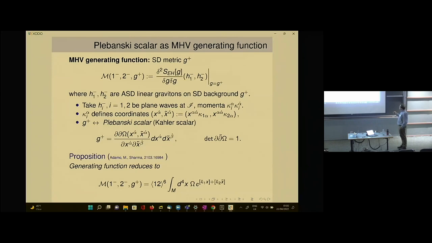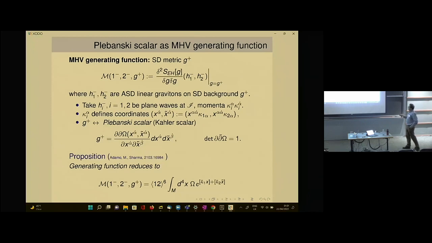And what this allows you to do is to introduce coordinates on the spacetime that are adapted to the two particles. We can organize the coordinates in this 2x2 matrix as before, and we can use one of the momentum spinors to give you one pair of coordinates and the other one to give you another pair. So we have an x and an x tilde.